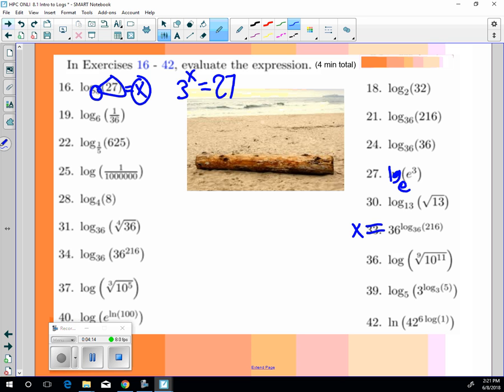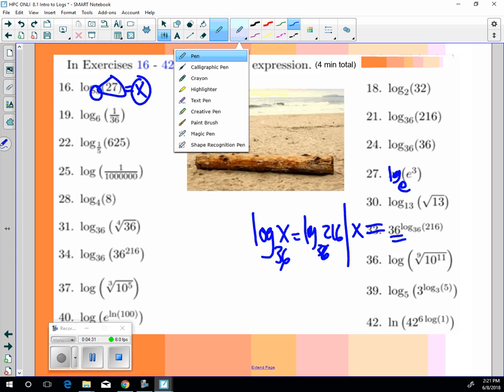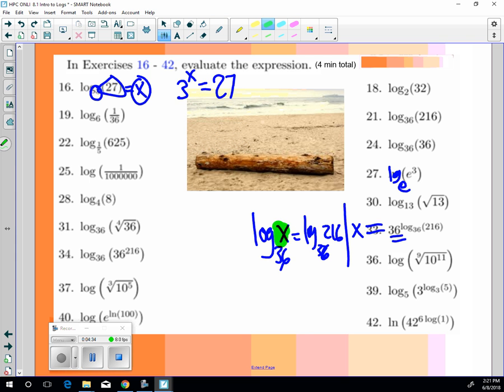Looks really hard, but if you write it in log form, log base 36 of x will be equal to log base 36 of 216. And so x has to be 216, because log base 36 equals log base 36. Those numbers have to be equal. So that'll help you with some of those more difficult ones.